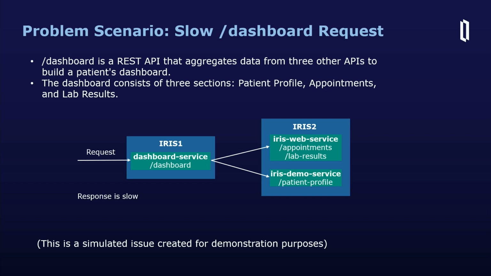What the dashboard API does is it will call 3 other APIs. It will call the appointments, lab results, and patient profile, and get all this data to show a dashboard. And the problem is the response is slow. However, it's hard to identify where the problem happened, so we will need OpenTelemetry.